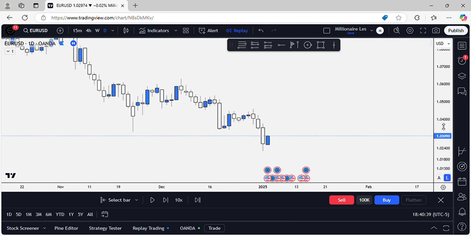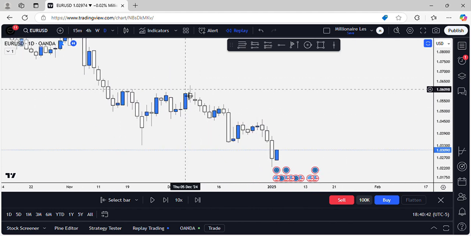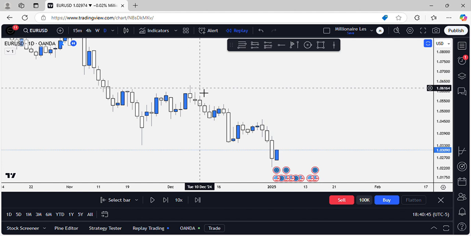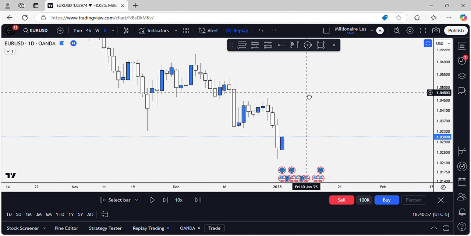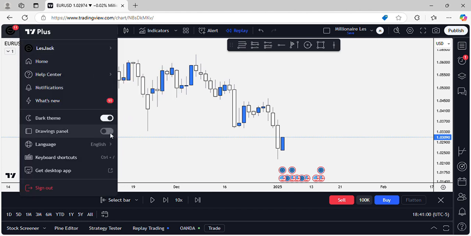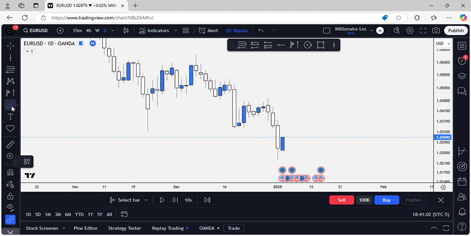I am analyzing and marking up potential swing points. Every time I do a video, I always get a phone call. Marking up potential swing points, like I marked up previously.